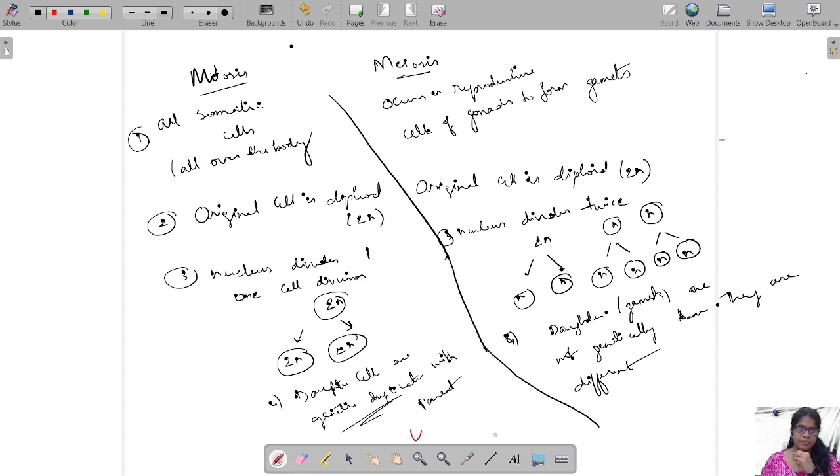Okay, so one more point I can say: duration is less in mitosis and the duration is more in meiosis. These are all small things here.